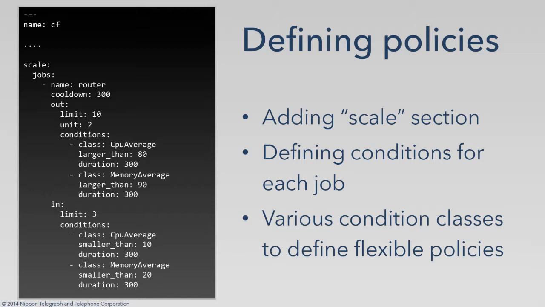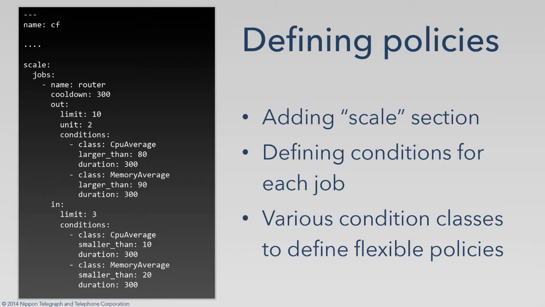You can define the limit of the number of instances and how many instances will be added or removed at a time. And you can also define conditions to trigger scaling. You can use various condition classes for defining flexible policies.